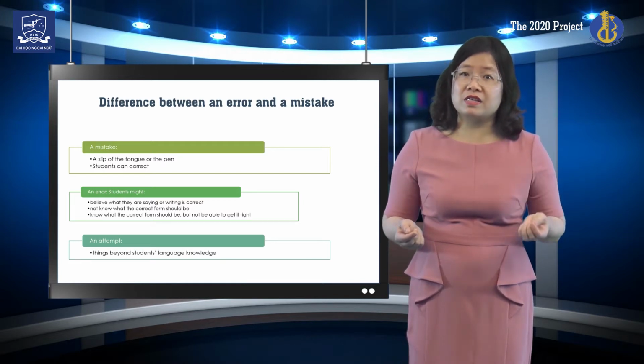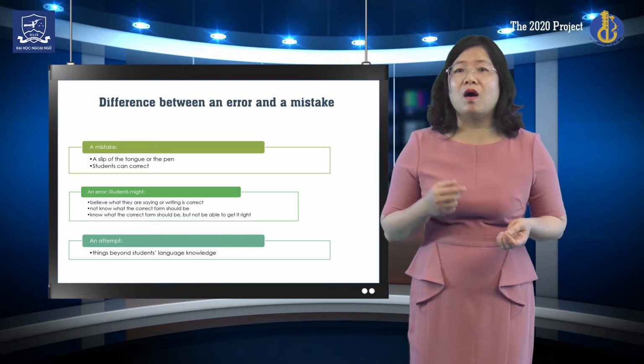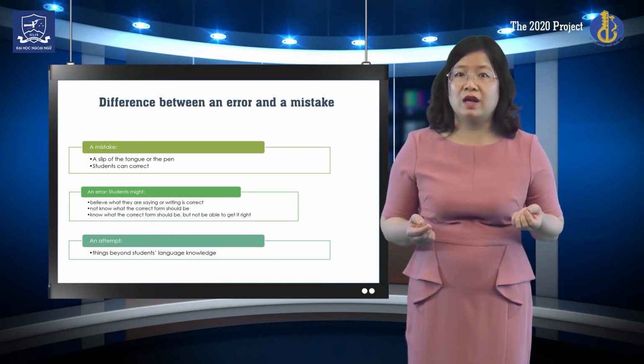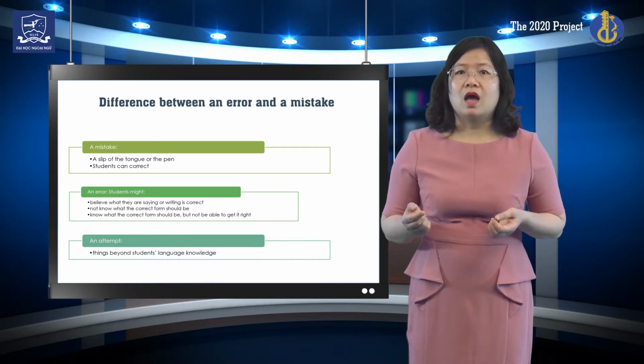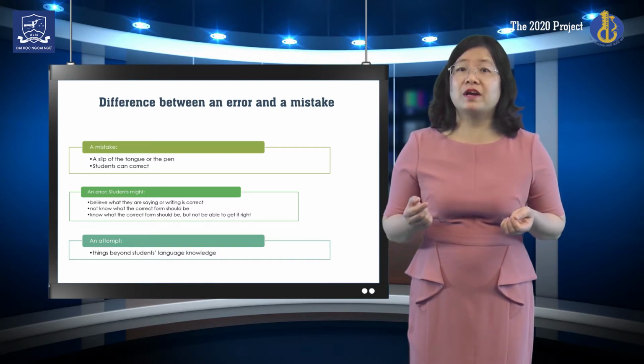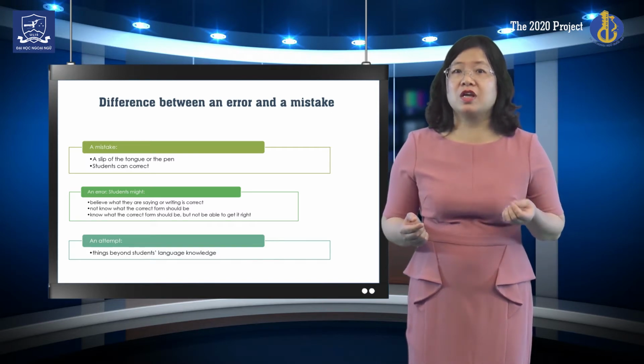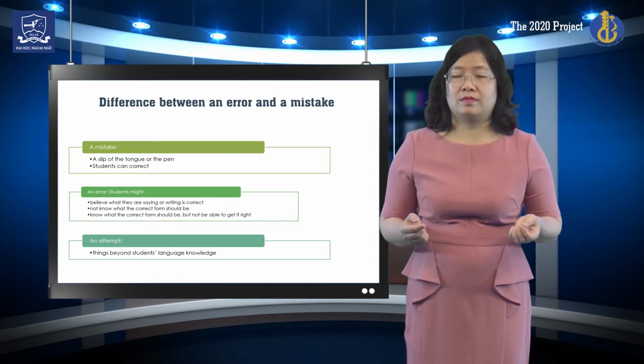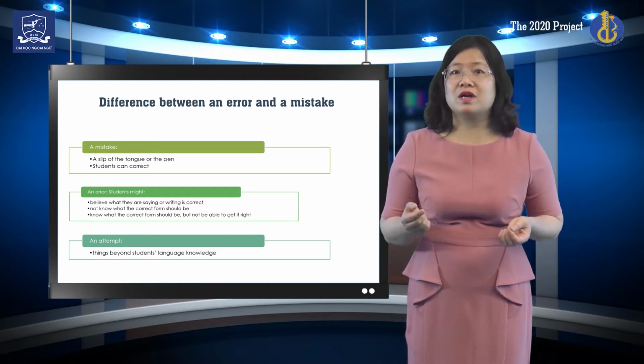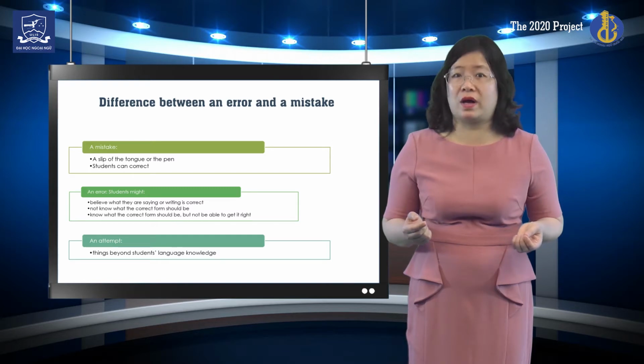Students can self-correct slips, but they need more help and explanation if they have made an error. Attempt mistakes are perfect opportunities for teaching new language, because it is language that the student clearly wants.